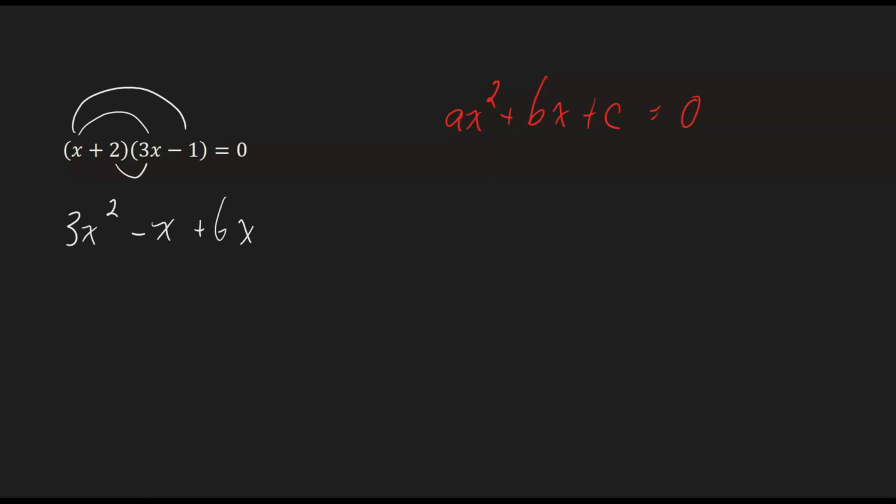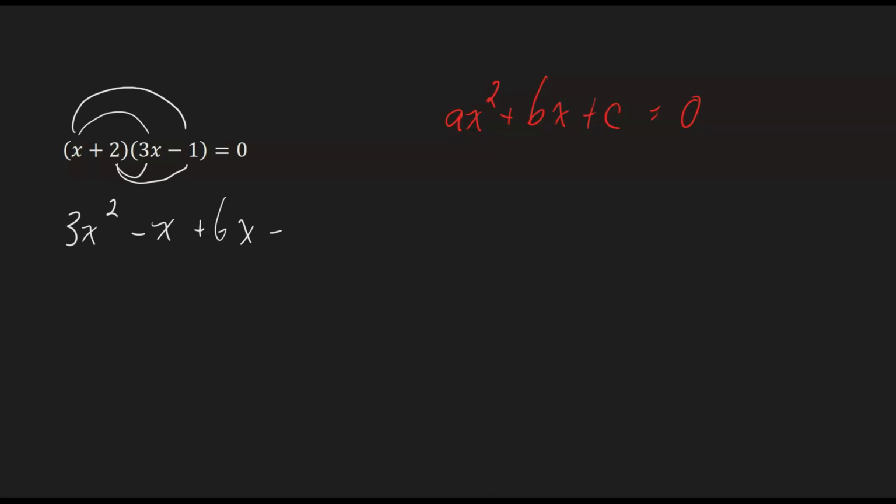This next example is also an example of a quadratic equation. We are looking for ax squared plus bx plus c equals 0. It doesn't look like it much yet, but if we perform the multiplication of these two binomials, we'll multiply x by 3x, we get 3x squared. We'll multiply x by minus 1, which is minus x. 2 by 3x, which is plus 6x.